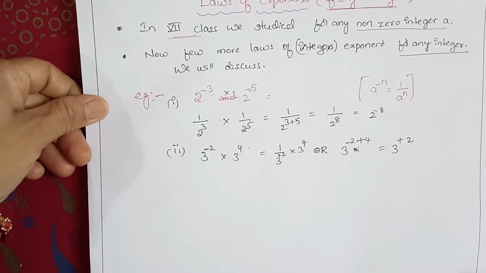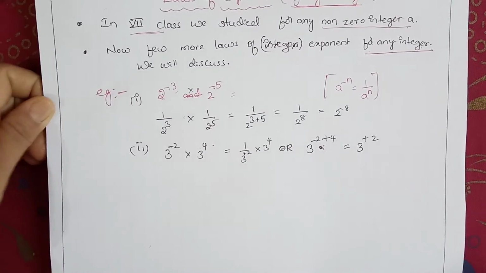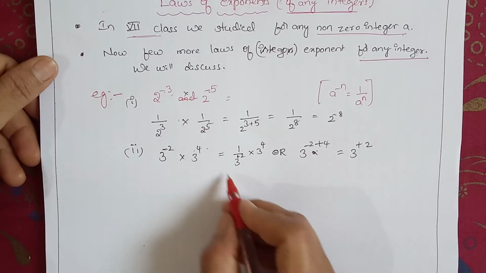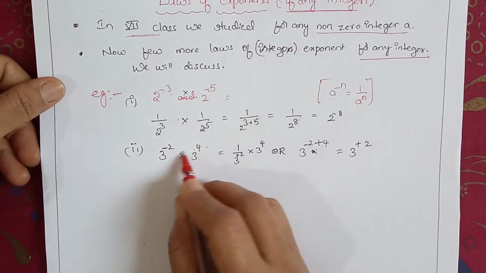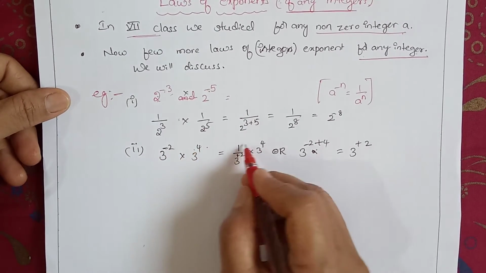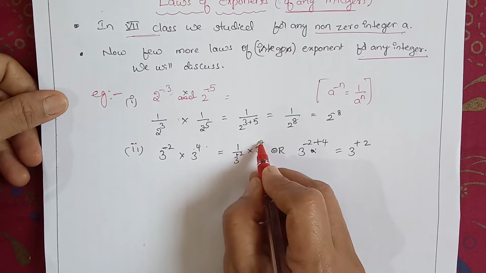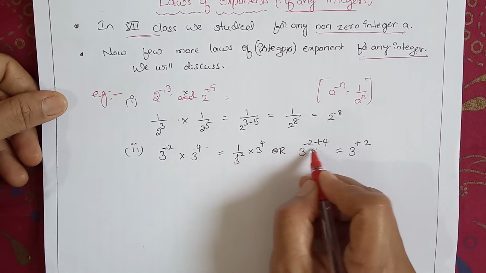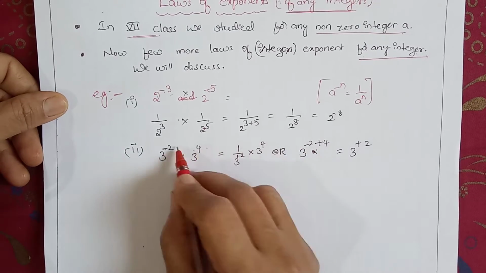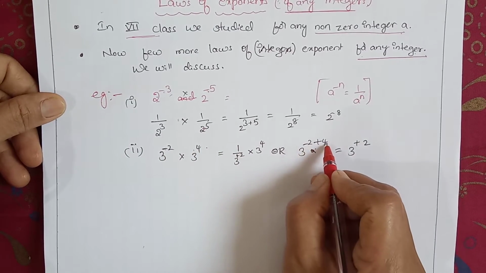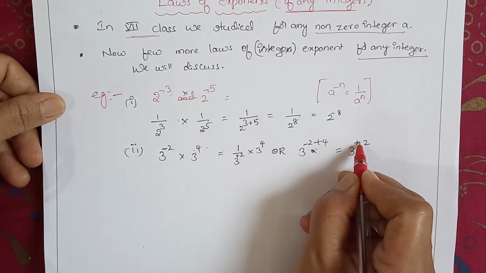The second example: 3 to the power of minus 2 into 3 to the power of 4. One is negative, one is positive. So we can write this as 1 by 3 to the power of 2 into 3 to the power of 4. Or I can directly add the powers: minus 2 plus 4, the answer will be 3 square.